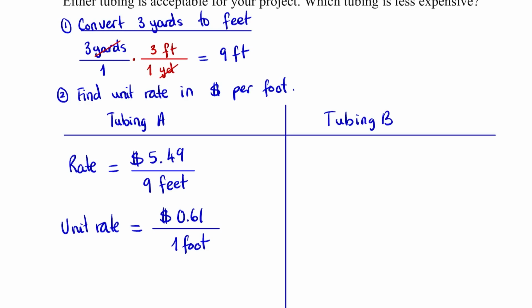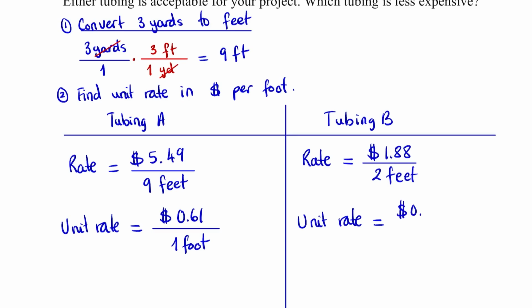For tubing B, my rate is $1.88 for 2 feet. To find the unit rate, I'll take 1.88 divided by 2, which is 94 cents per 1 foot.